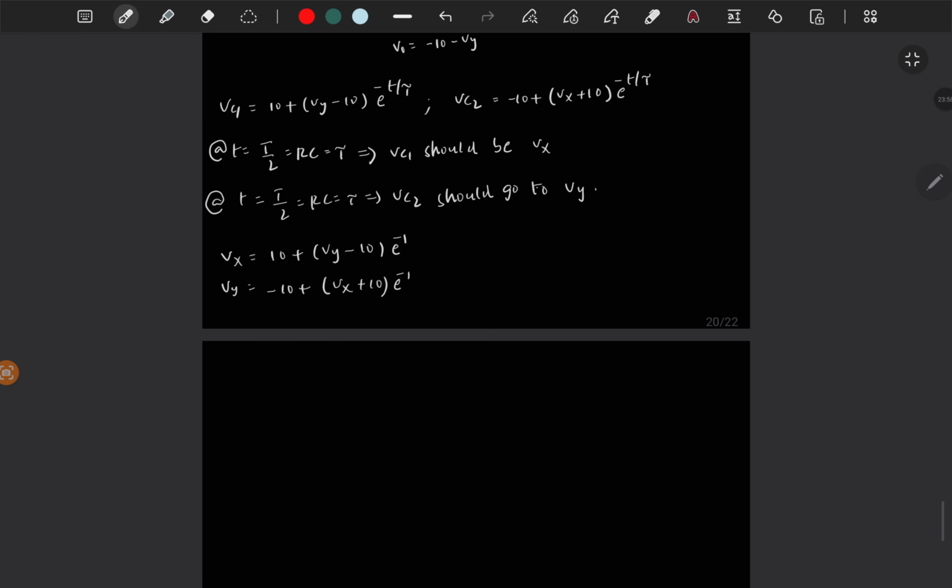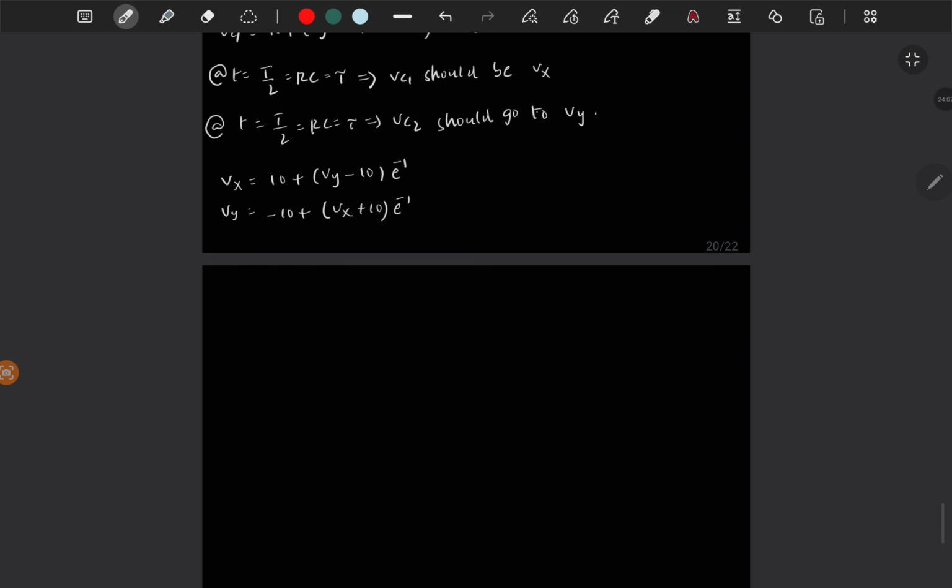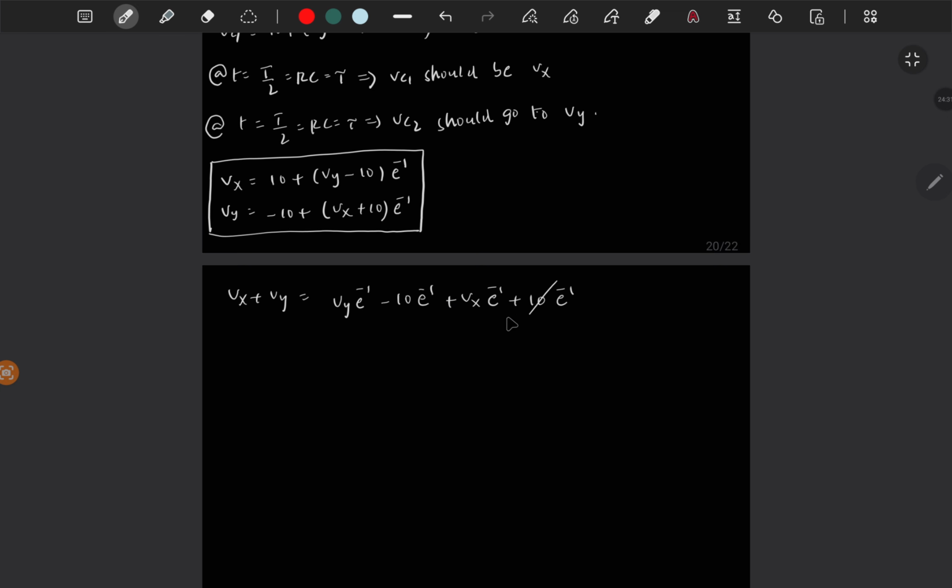So how can you find Vx and Vy? You have two expressions and two unknowns, so you can easily find Vx and Vy. If you add these two equations, you will get Vx plus Vy is Vy e power minus 1 minus 10 e power minus 1 plus Vx e power minus 1 plus 10 e power minus 1.